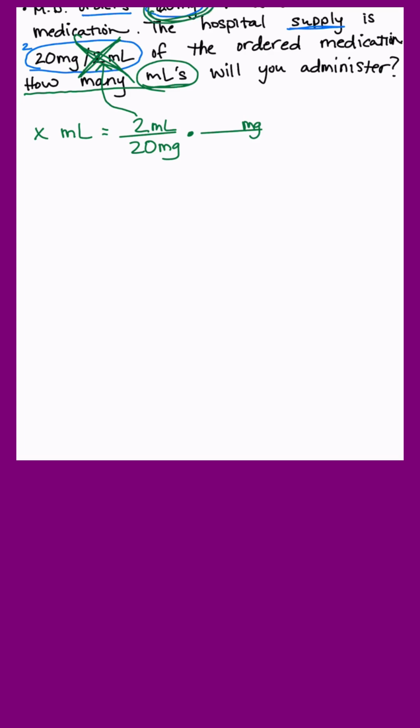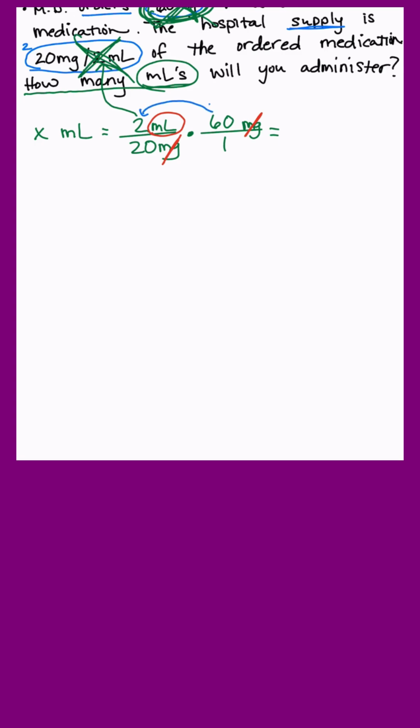My order matches. It's the same unit of measure. I do not need a conversion here. So I'm going to plug that in, 60 milligrams. I'm not given anything else, so to keep it a fraction, I'm just going to put it over 1. I'm going to cross cancel these so that I'm left only with mLs.